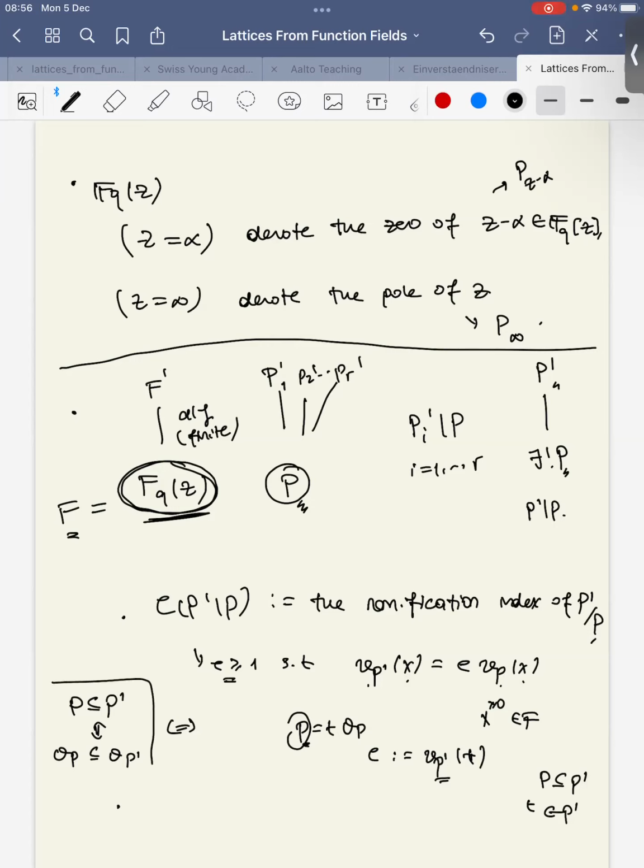By using these two properties, we can see that the residue class field of P in F is a subfield of the residue class field of P prime in the extension field F prime, and this extension degree is defined as the relative degree.